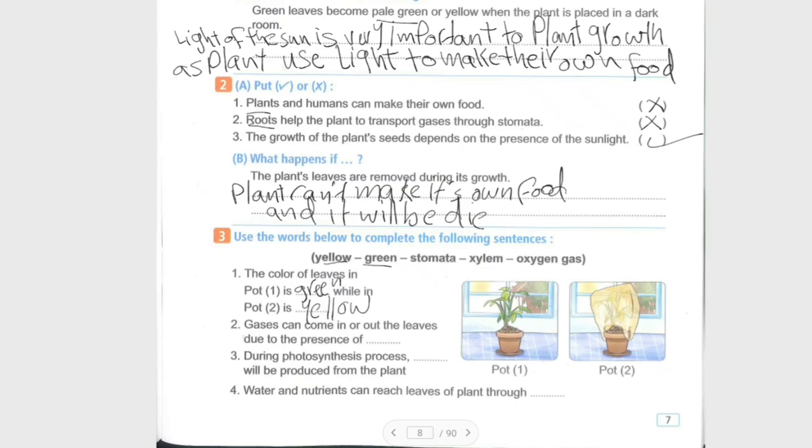Number 2, gas can come in or out of the leaves due to the presence of stomata. During the photosynthesis process, oxygen will be produced from the plant.